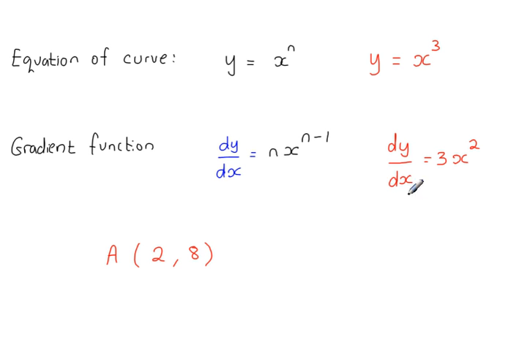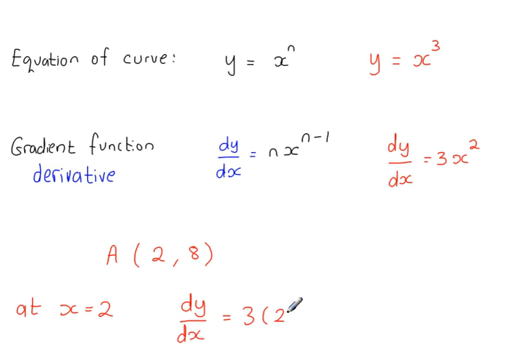Well, we use the gradient function. This thing is specifically called the derivative. Okay, so using this derivative, I can say that at x is equal to 2, dy by dx, the gradient of the curve, is equal to 3x squared, so 3 times 2 squared.